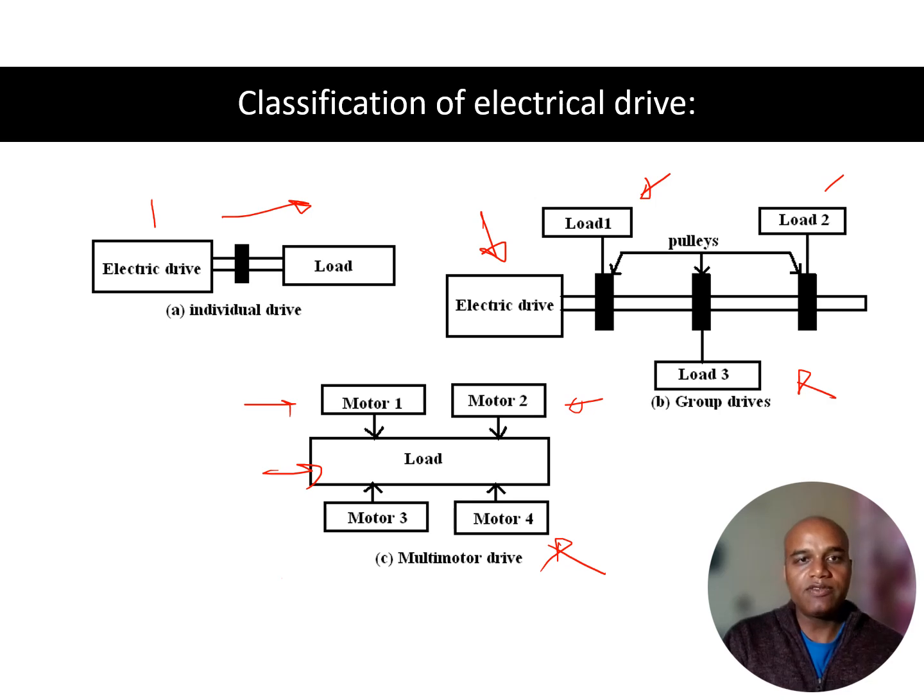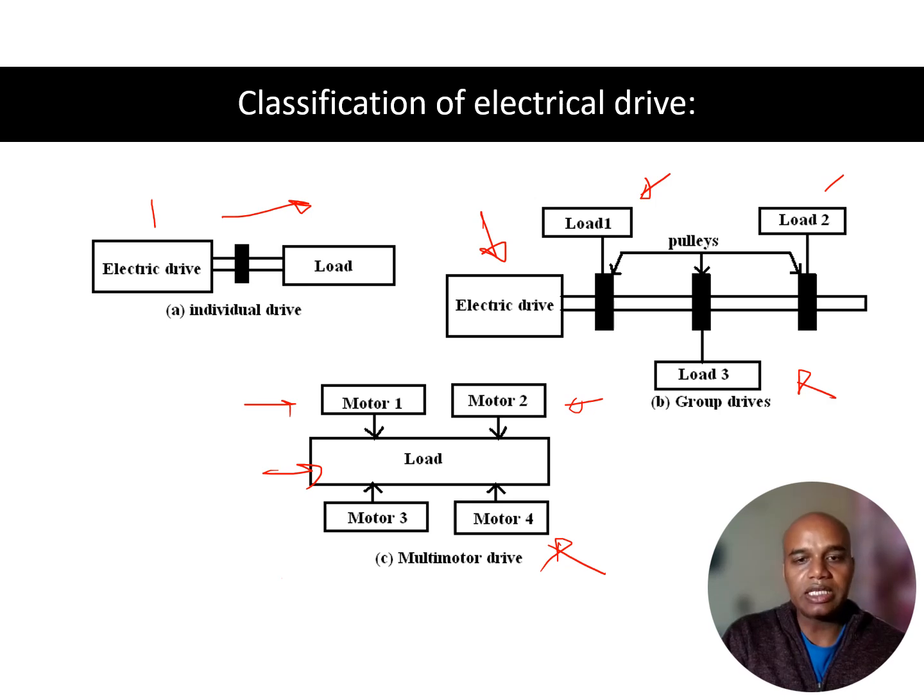Whereas in group drives, a single motor drives the main shaft, which is shown here in the schematic. Even though all the motors are not always required to work at the same time, this reduces the initial cost because of the diversity in the load, meaning that a single motor of even 100 kilowatt is sufficient.